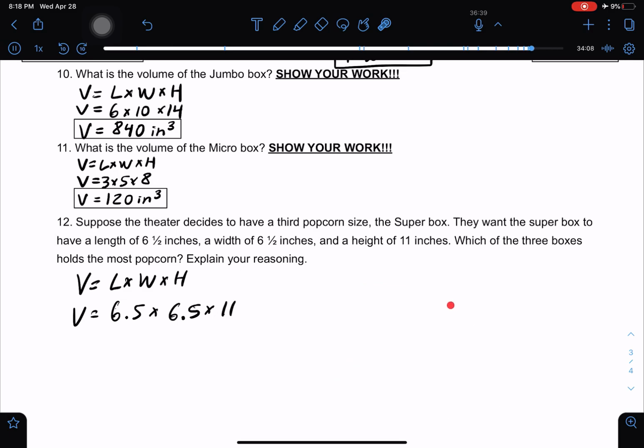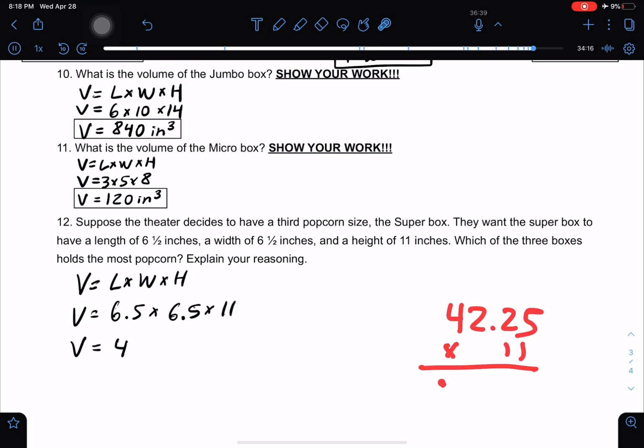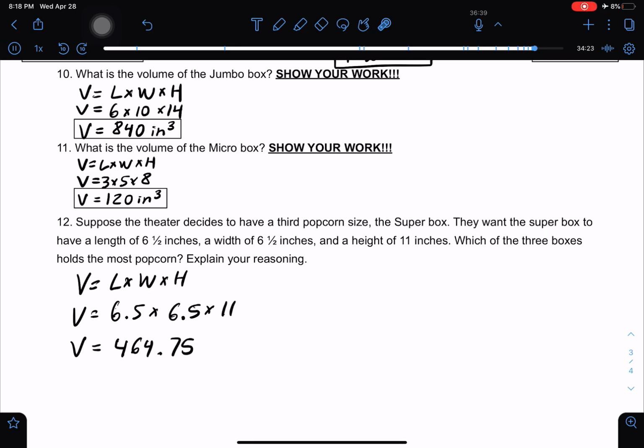And if we multiply that by 11, we get a final volume of 464 3/4. This is 0.75, which is the same thing as 3/4.